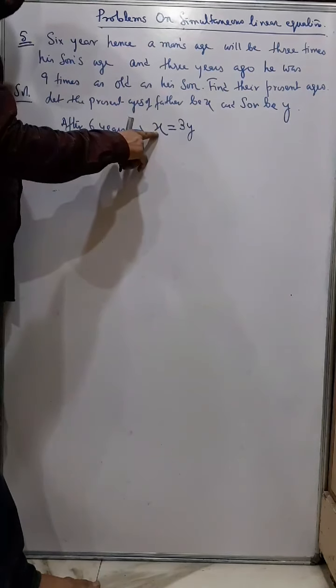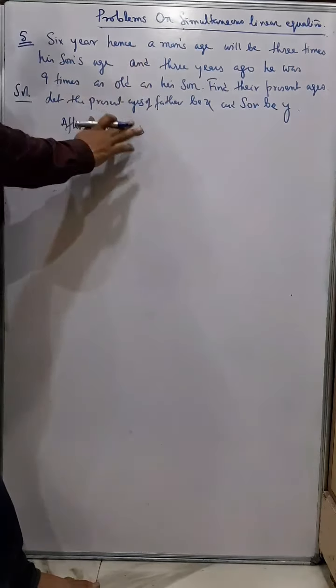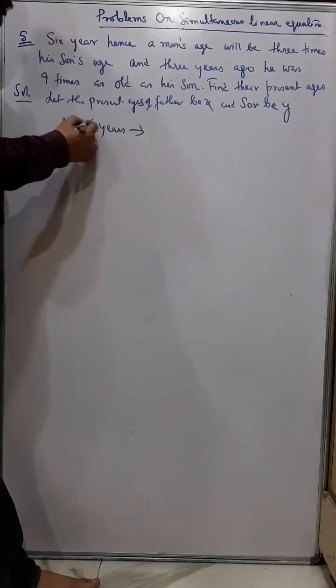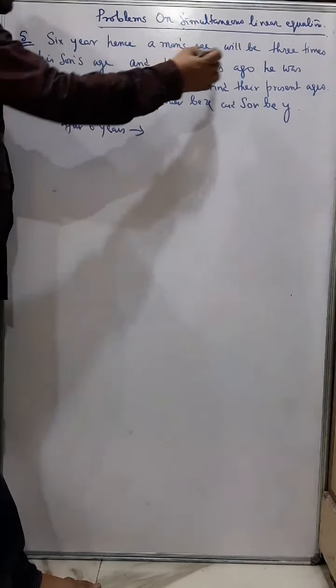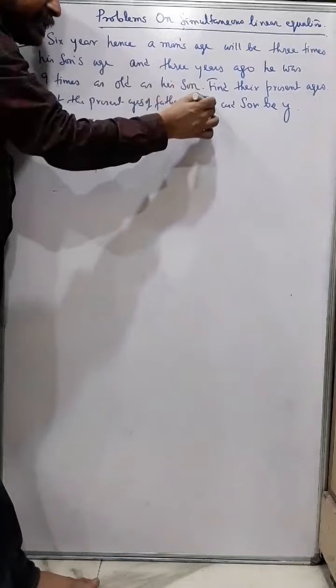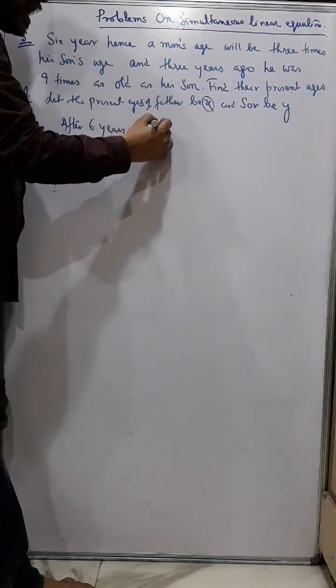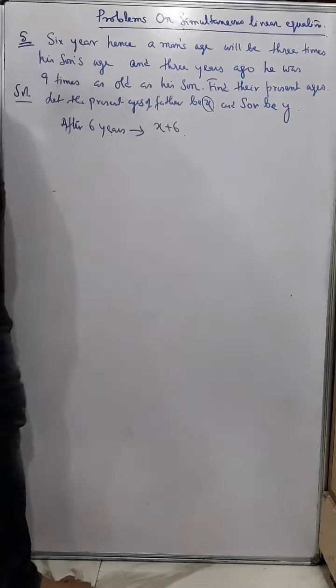But first of all I have to find the ages after 6 years. The statement says this, but the present age of the man is x, so after 6 years the age of the man will become this.